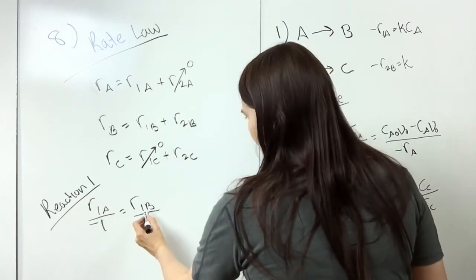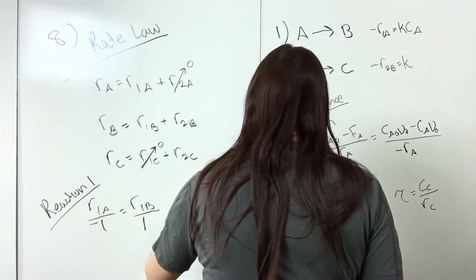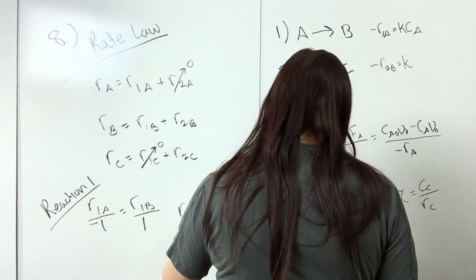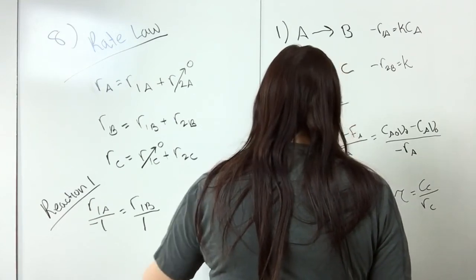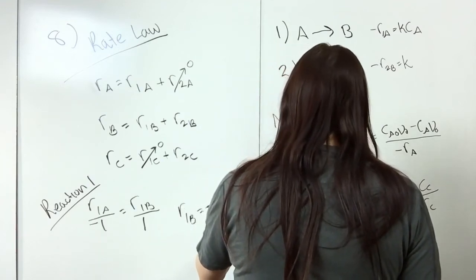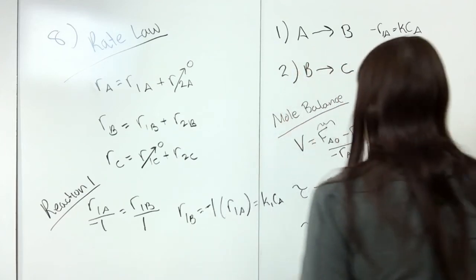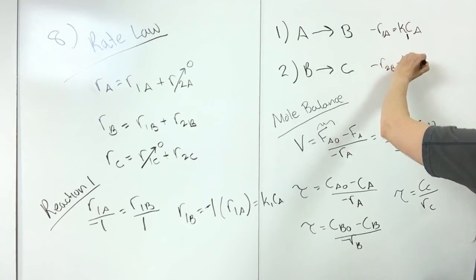So then we know that R1B is equal to minus 1 multiplied by R1A. So this is just equal to K1CA. I need to label these K1 and K2.